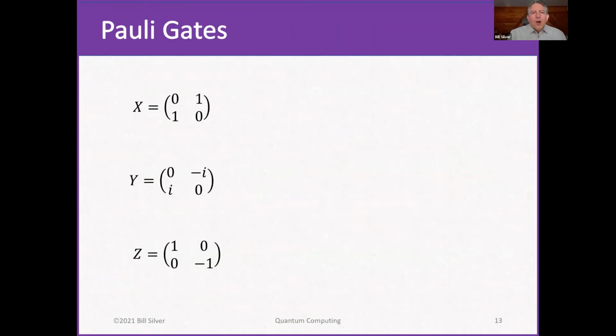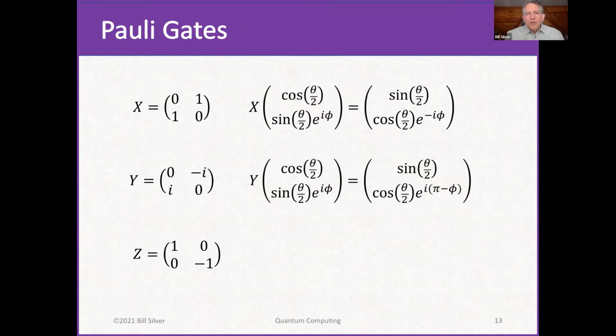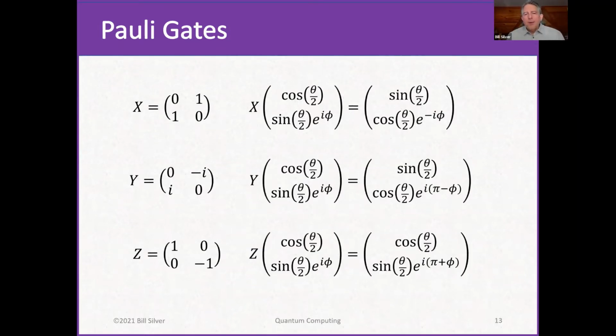One more thing about the Pauli gates, and the question is, what do they do to a general one-qubit quantum state? What you can see is that if I take that general state and multiply it by these things, the x and y gates essentially flip the amplitudes of the 0 and 1 state, and then they apply some sort of phase shift.